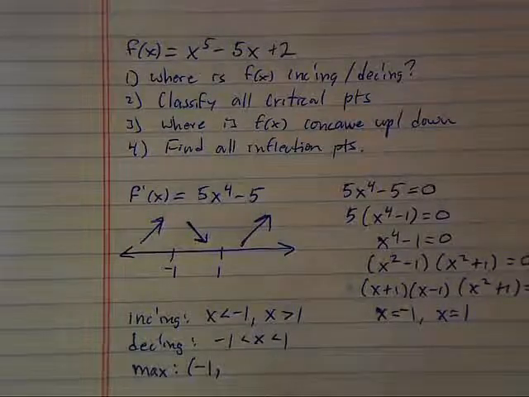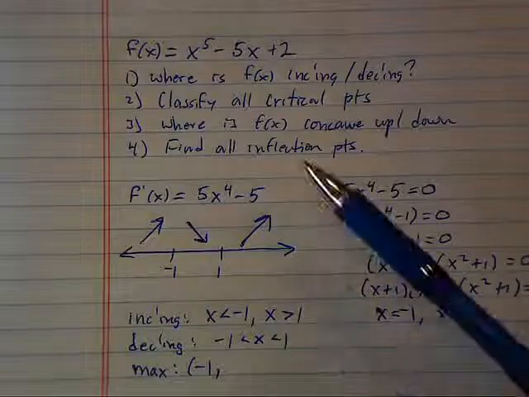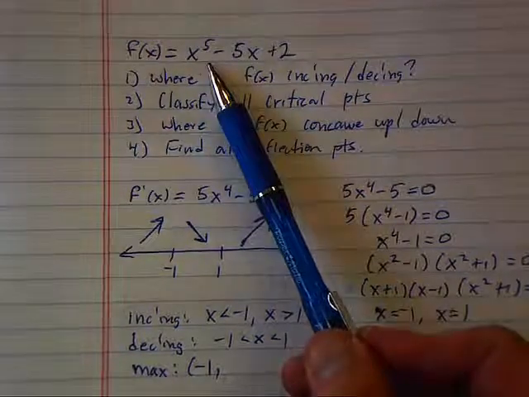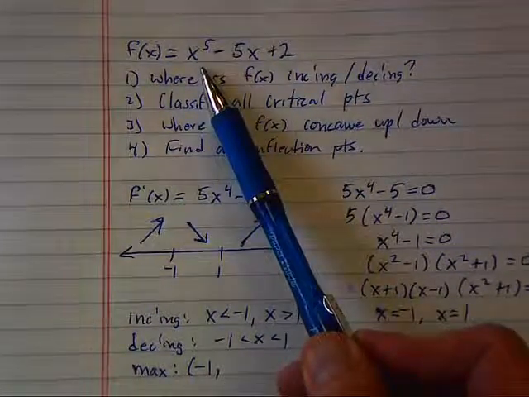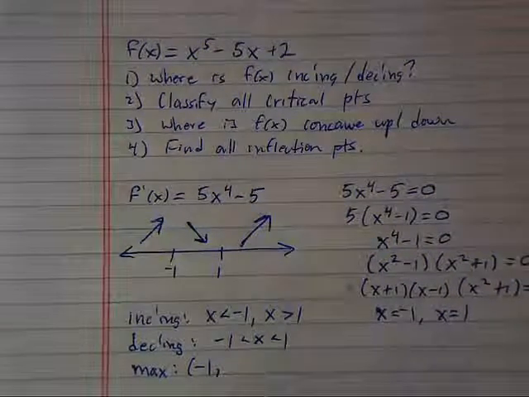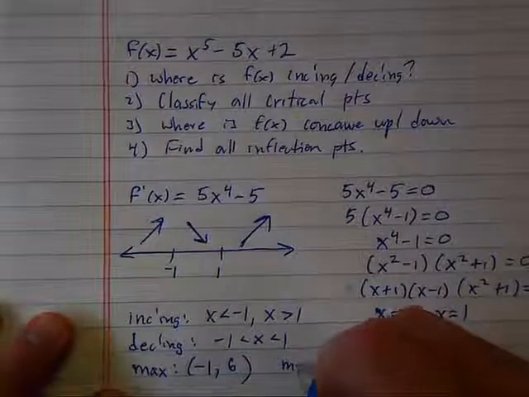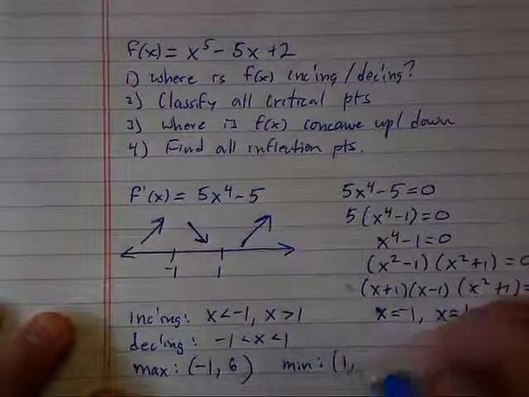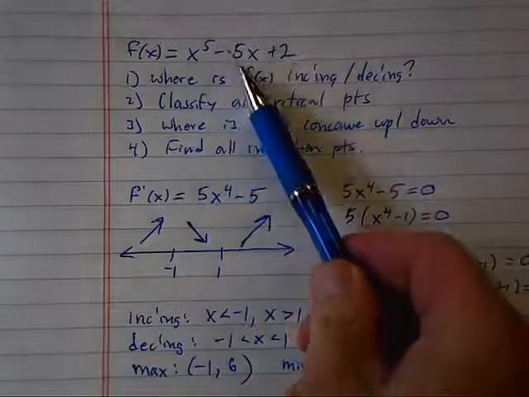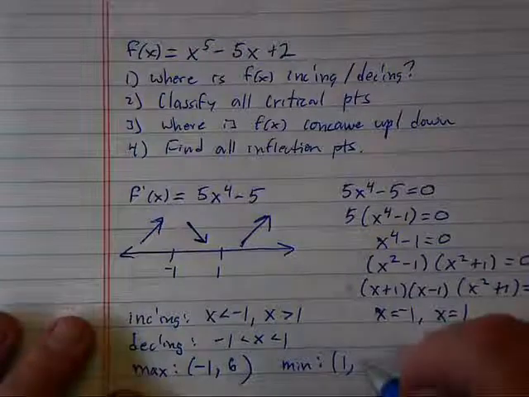How do I find the y number? Plug it into the original. If I plug back into the original, I'm going to have negative 1 plus 5 plus 2. 6. And I have a min at 1 comma 1 minus 5 plus 2. Negative 2.